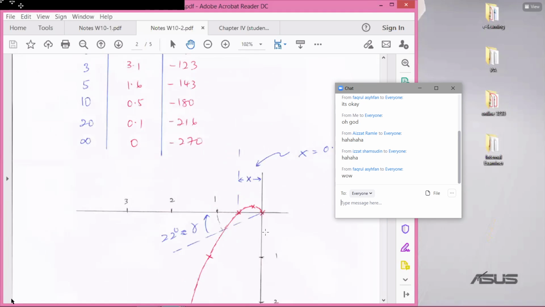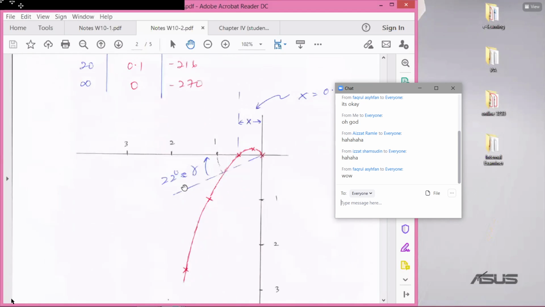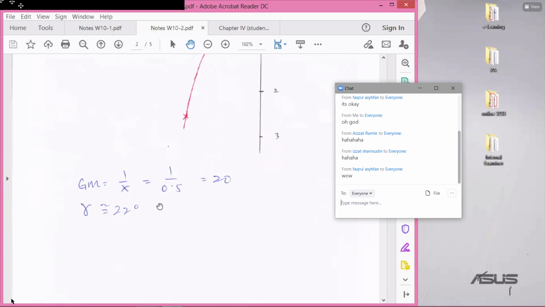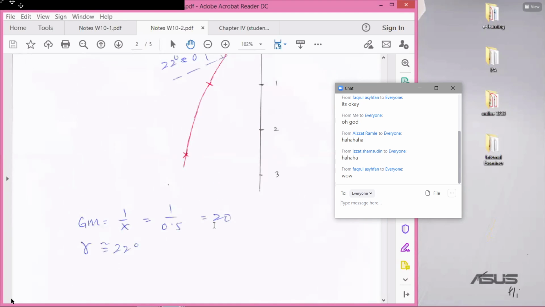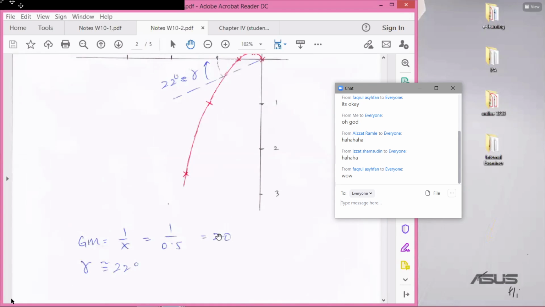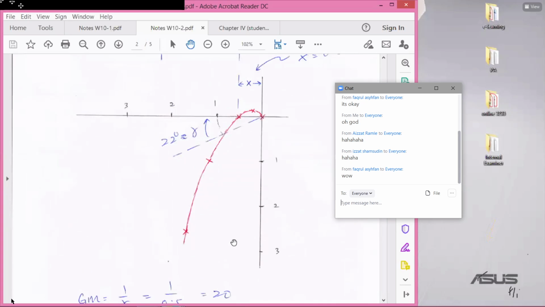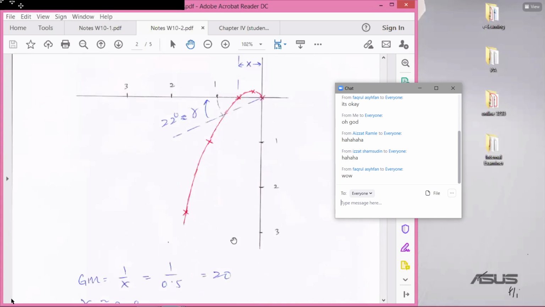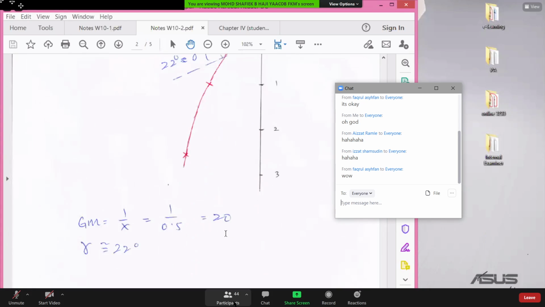If the question asks you for your phase margin and gain margin, you can now see the phase margin is around 22 degrees and the gain margin is about 0.5, which is equal to 2. So the gain margin is 20, 1 over 0. This is not 20, right? Okay, what the hell is that?